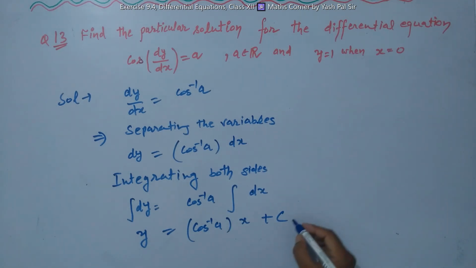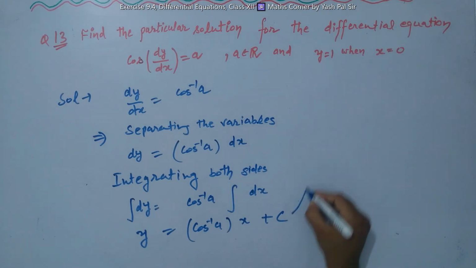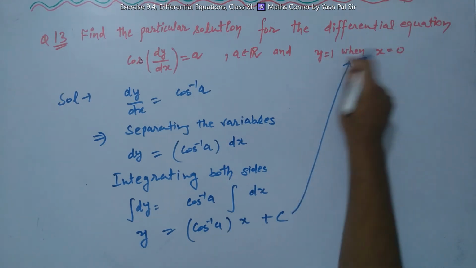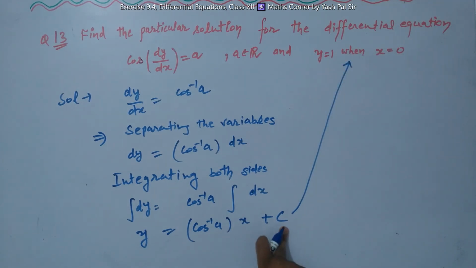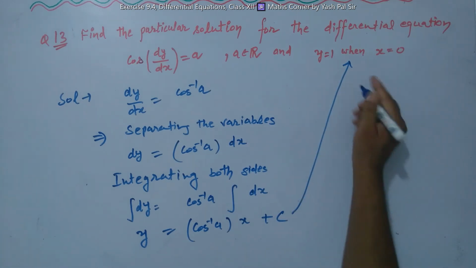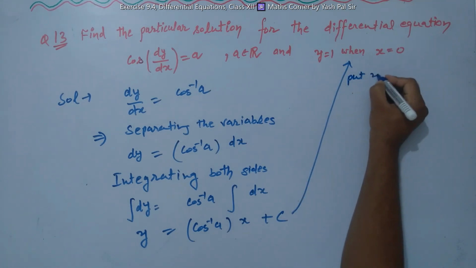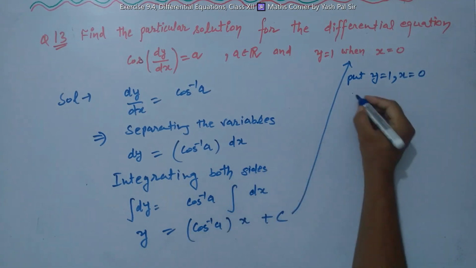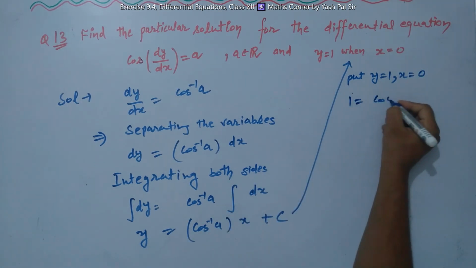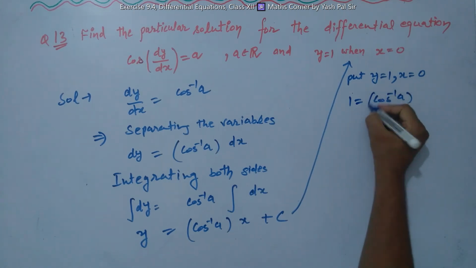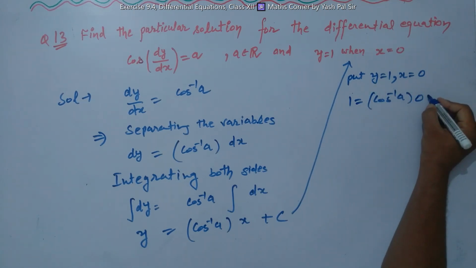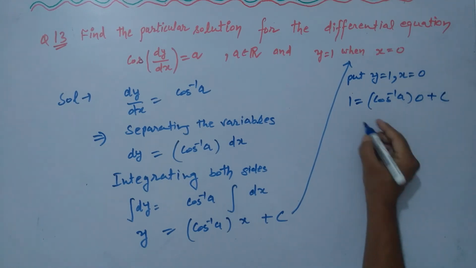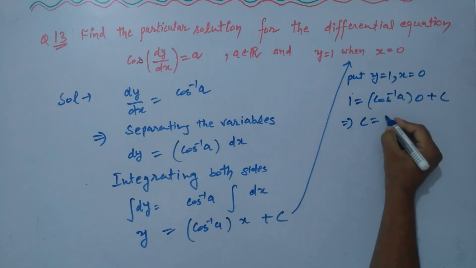Now in this general solution, we are going to substitute these values in order to eliminate c, in order to find the particular solution. So put y is equal to 1 and x is equal to 0. This becomes 1 is equal to cos inverse of a, x is put equal to 0, plus c. So this way we have c is equal to 1.